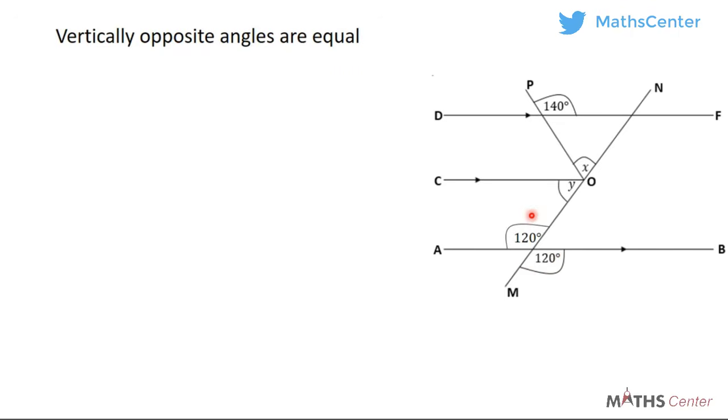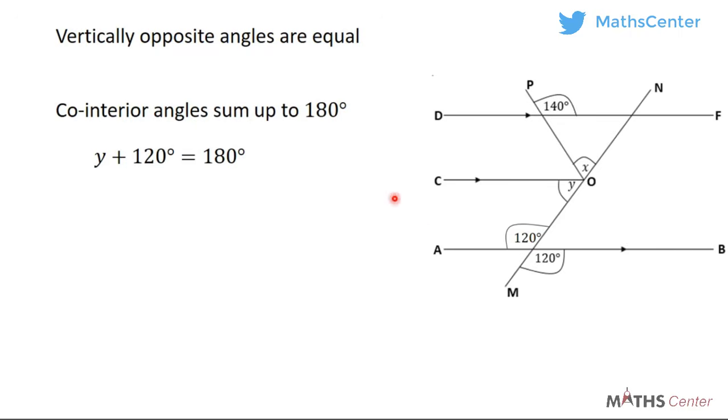Now if I have this to be 120 degrees, then from the angle properties of parallel lines, I know that y and 120 degrees are co-interior angles. So I can say that co-interior angles sum up to 180 degrees. So y plus 120 degrees will give me 180 degrees, and y will give me 60 degrees.